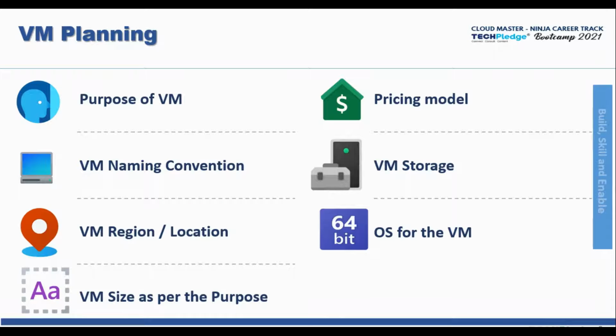Second is VM naming convention, which is a very necessary thing. You can't just name it ABC. You have to properly name the VM. Let's say there is a company, HCL, and they want to work with Windows Server, and what they want to work on under Windows is SQL.